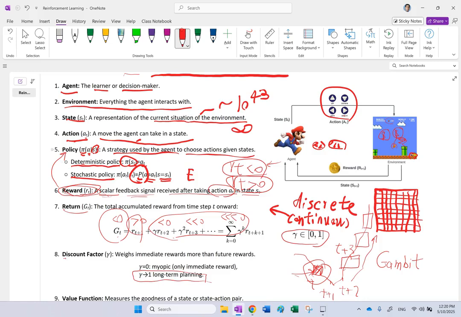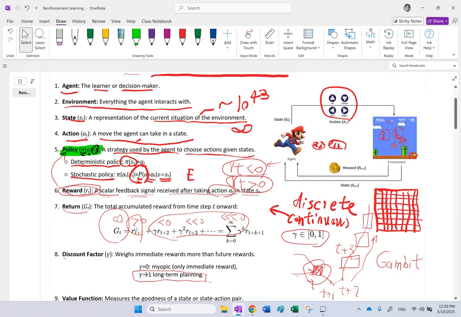So we have to always allow for some long-term planning if we want to get good policies, because the ultimate goal of reinforcement learning is to find a good policy, the good behavior. And if you don't allow long-term planning and use a very small gamma, you most probably have not learned the game very well.